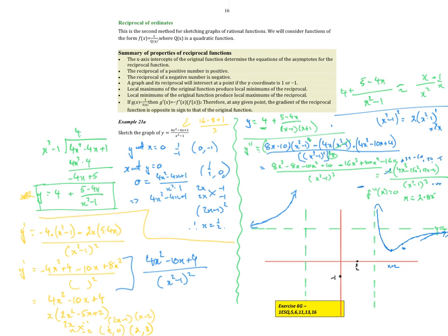So it's concave down through there, and concave down the whole way. I know it's the whole way because there's only one point of inflection. And if I was to pick a value out here somewhere, we'd see that the graph was concave up the whole way.